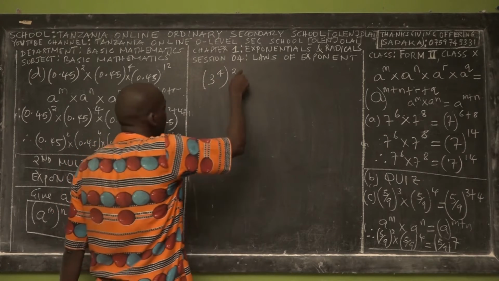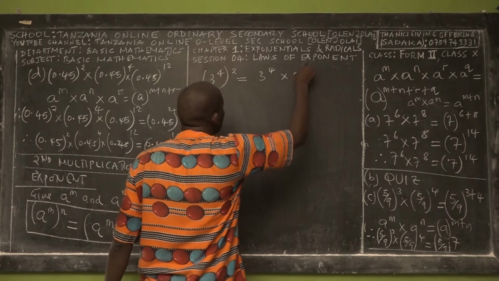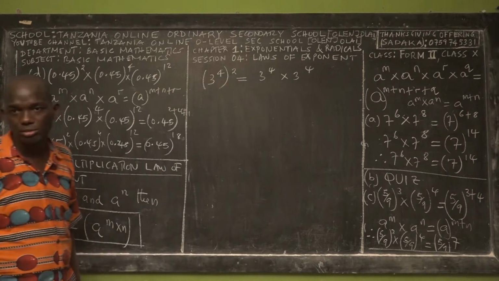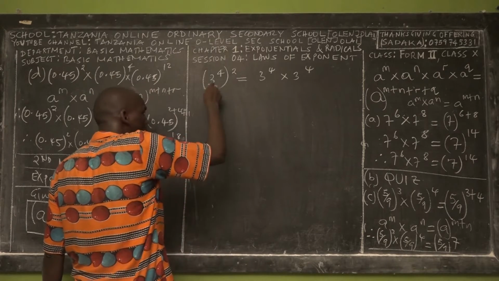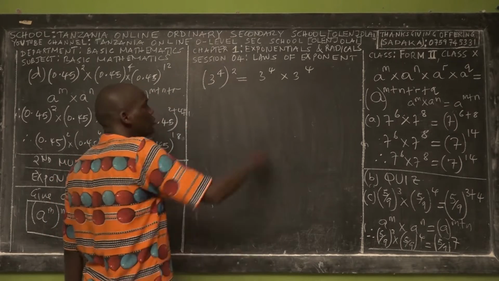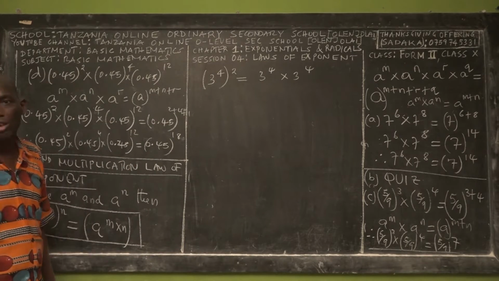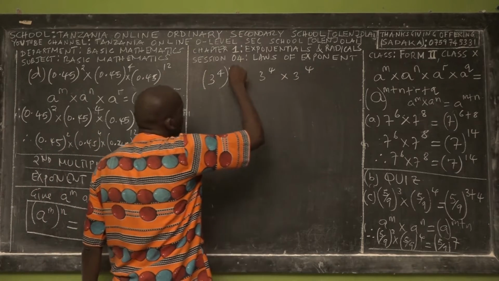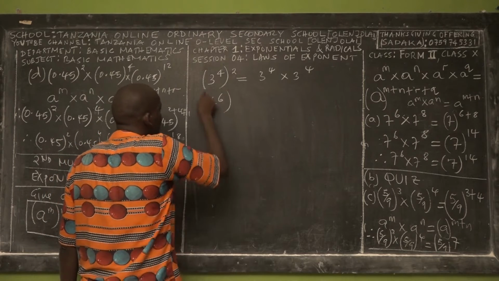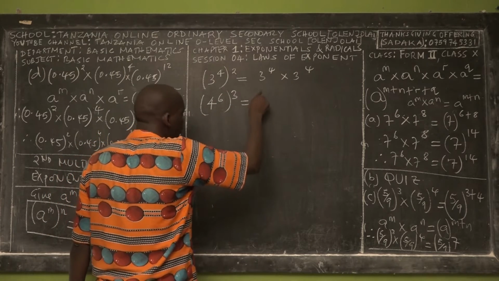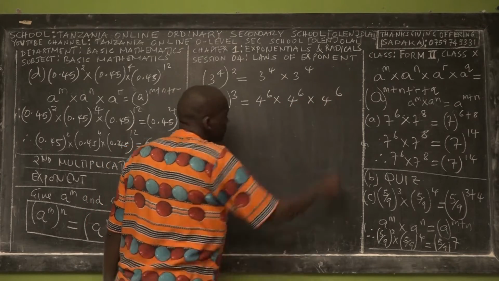We used to say that this is 3 power 4 multiplied by 3 power 4. Writing this way, 3 power 4 power 2 means 3 power 4 times 3 power 4. How many 3 power 4? 2. That's why we have this 2. If you write 4 power 6 with 3 outside, this is equivalent to 4 power 6 times 4 power 6 times 4 power 6. That's the meaning.